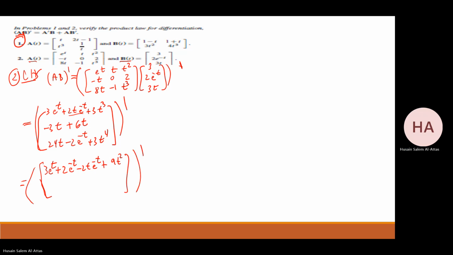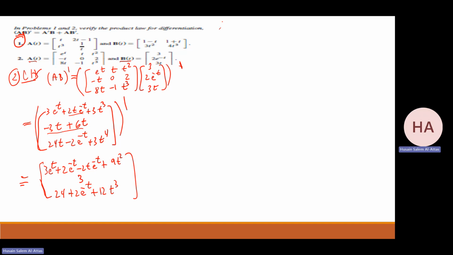Oh, no, I'm doing the derivative here. I'm getting the answer. I'm finding the derivative. This is 3t, so this is 3. This one is what? 24 plus 2e^t minus t plus 12t cubed.